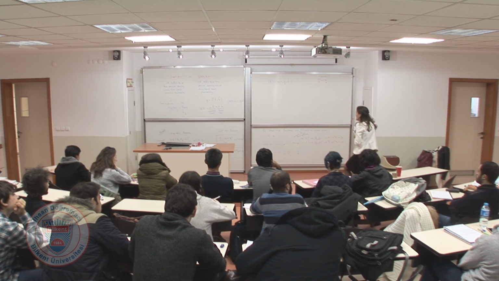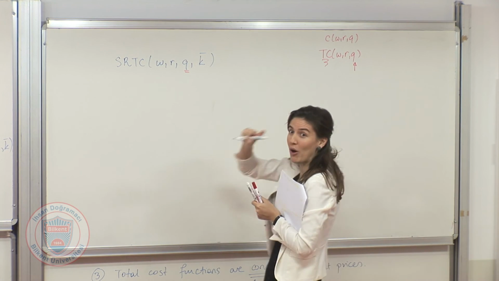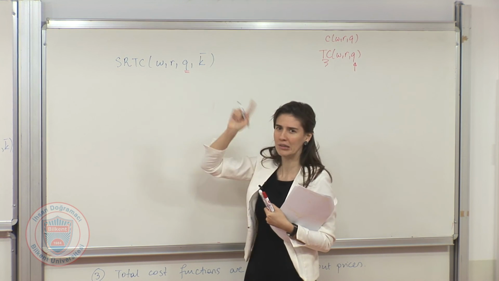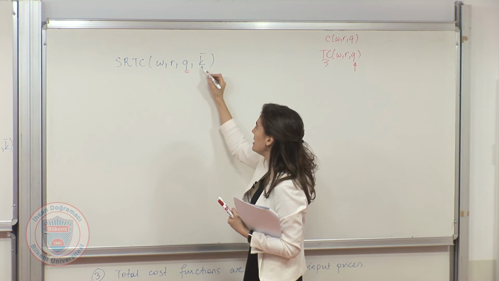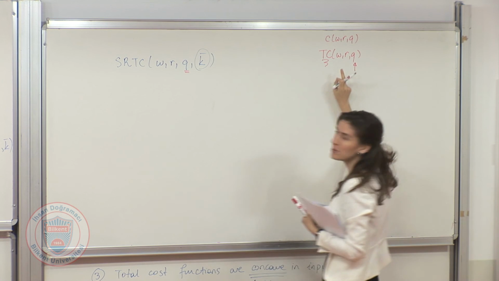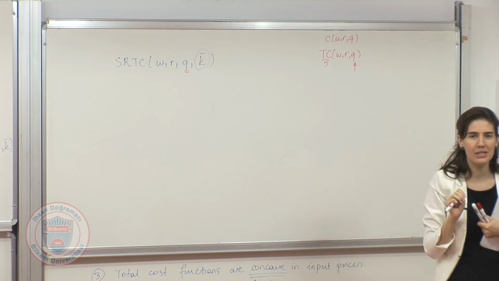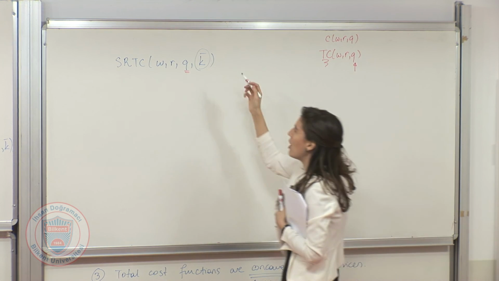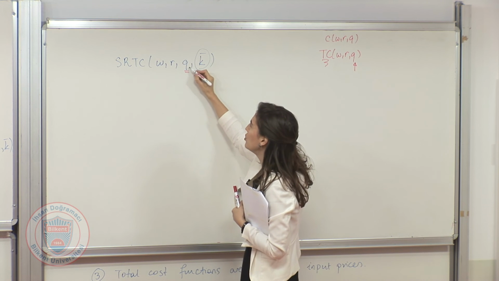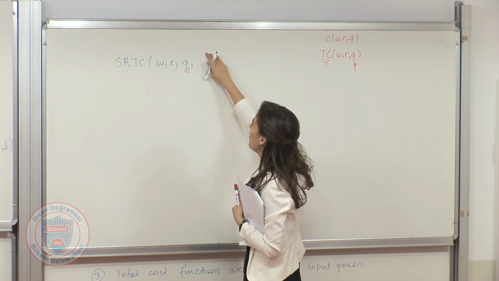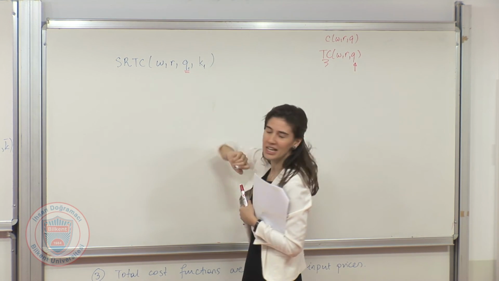So if you pick the quantity where this K is the optimal K, miraculously. You solve the cost minimization problem for some quantity level, let's say Q1, and suppose the optimal K is K1.